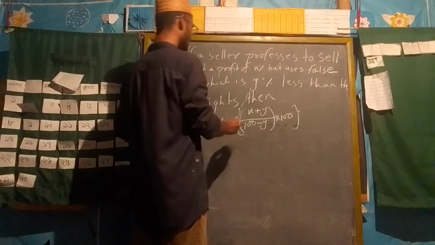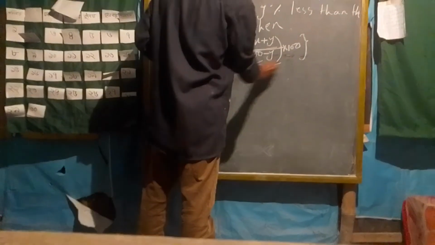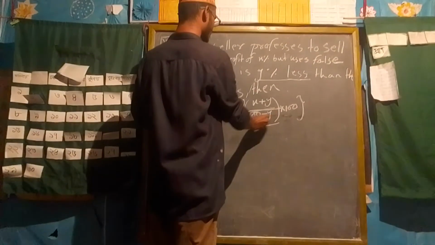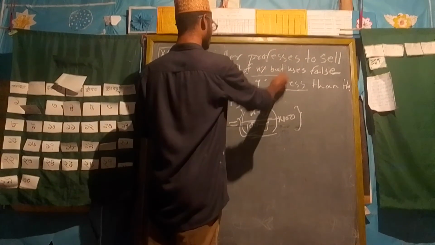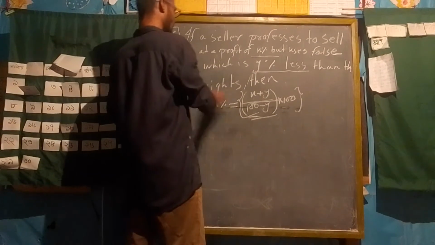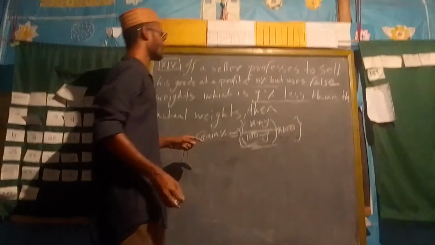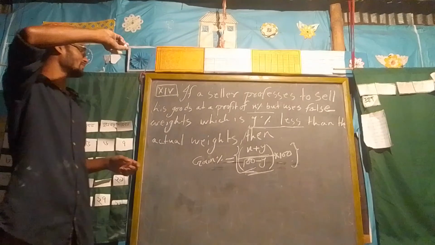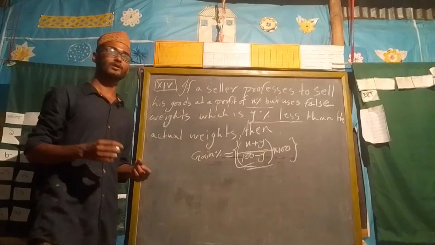Our gain percentage will be X plus Y divided by 100 minus Y, into 100. Here X% is the profit and Y% is how much less than the actual weight. This is the formula for solving this type of question, which will come in front of us in our future classes.